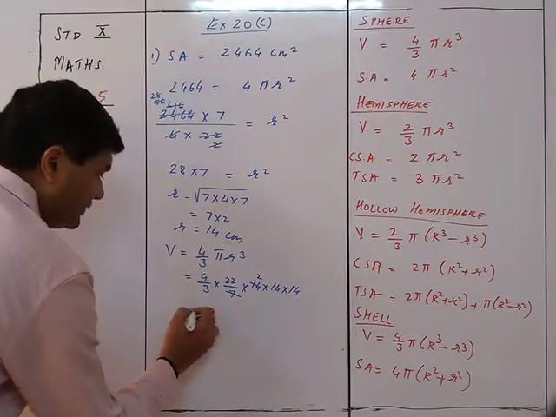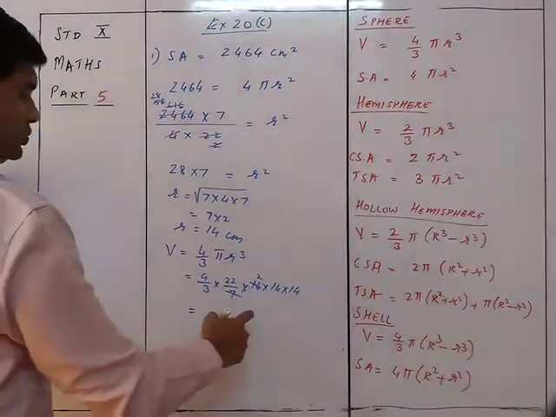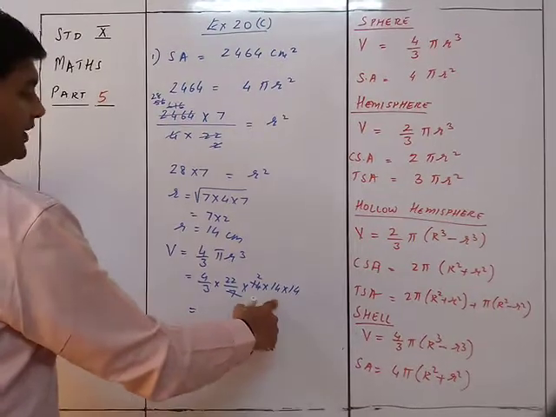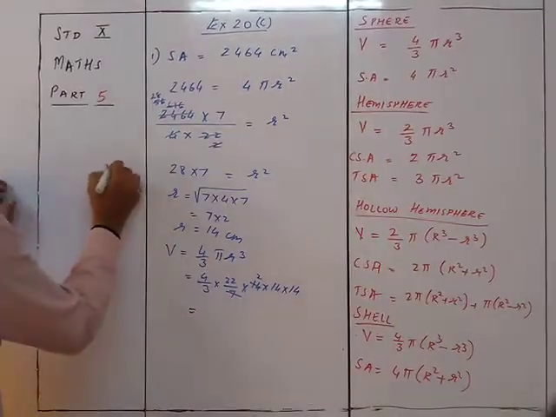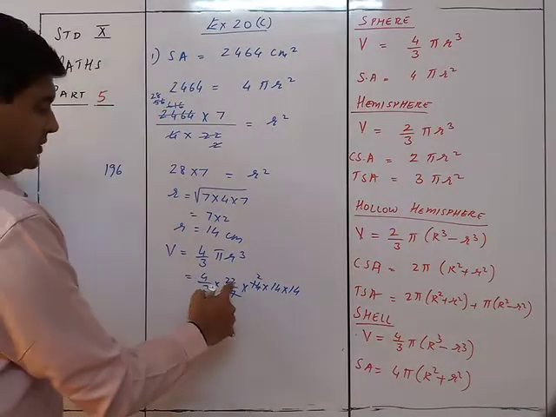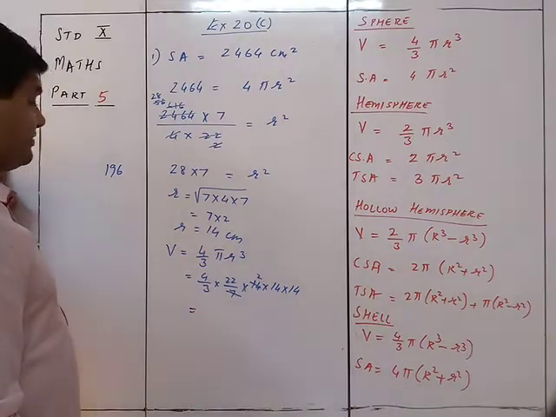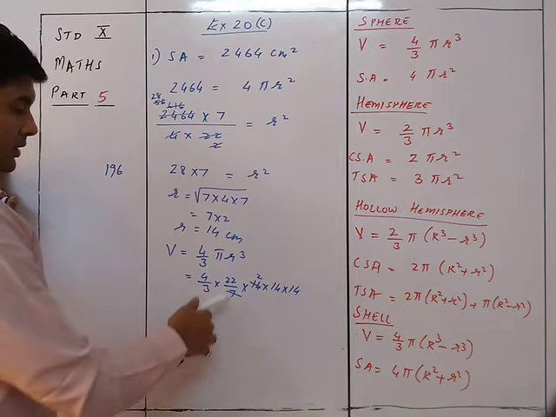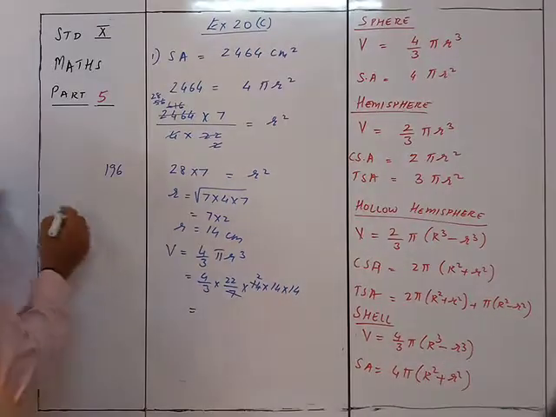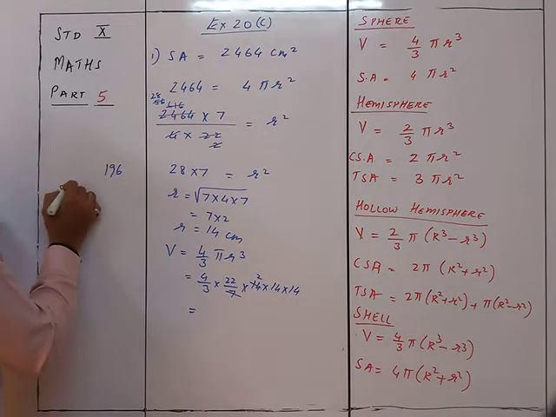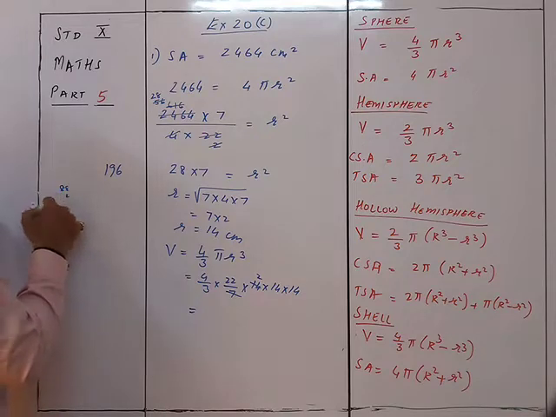So we need to find out the answers. So 14 into 14 is 196, and this is 88 into 2, so it is 176.